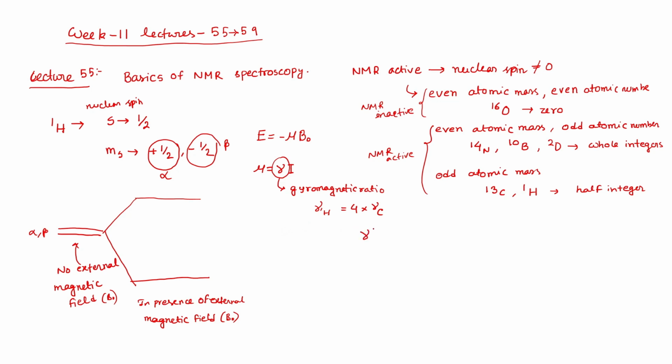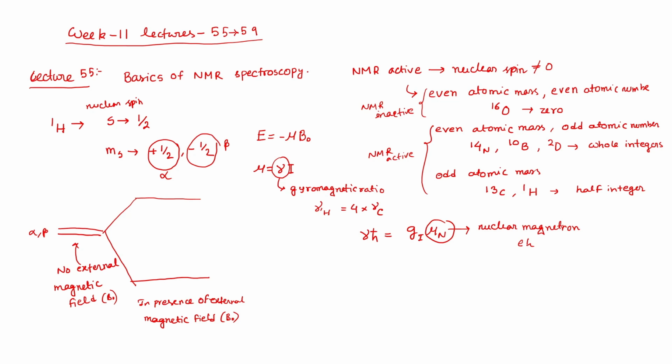This is going to be important, which is gamma h cut is actually g_i mu_n, where this mu_n is also known as the nuclear magneton. So these are important for numerical problems that may come in the assignments or in the exam.